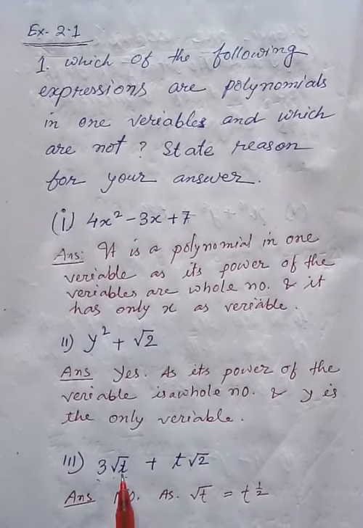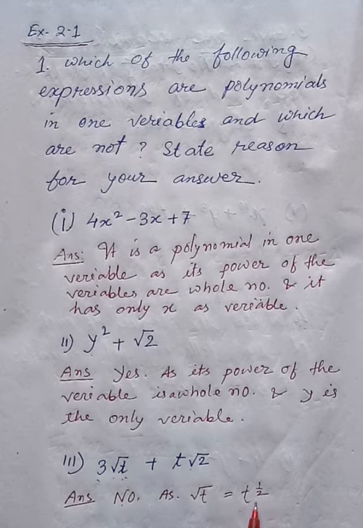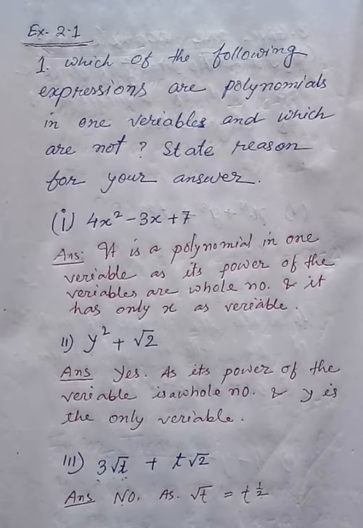Though it has only one variable, it is not a polynomial, because root t means t to the power half. This power of the variable, that is half, is not a whole number. So since the power of the variable is not a whole number or non-negative integer, it cannot be a polynomial.